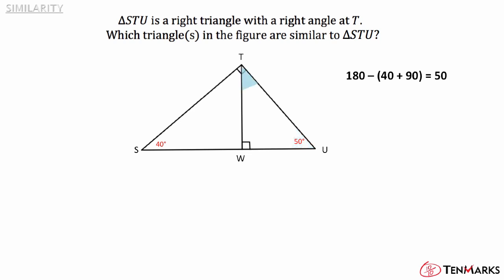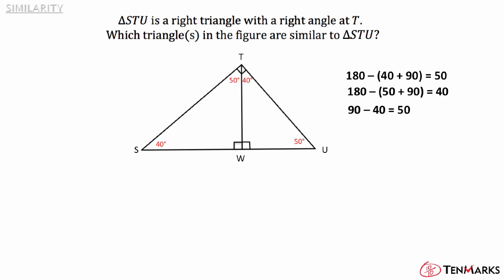You do, since it's the only unknown angle in a triangle. So 180 minus 50 plus 90 is equal to 40. Since T is 90 degrees, angle STW is 90 minus 40 degrees, or 50 degrees. And lastly, angle SWT has to be 90 degrees, since it's the supplementary angle to UWT.